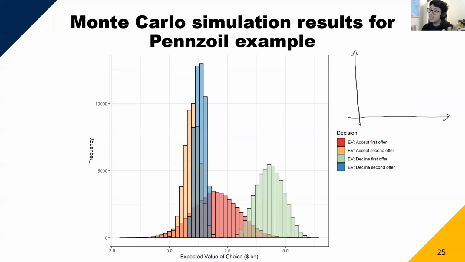In this case, I think the shape of the distributions makes it more obvious. But okay, let me draw something instead. Let's say it actually looks something like this.